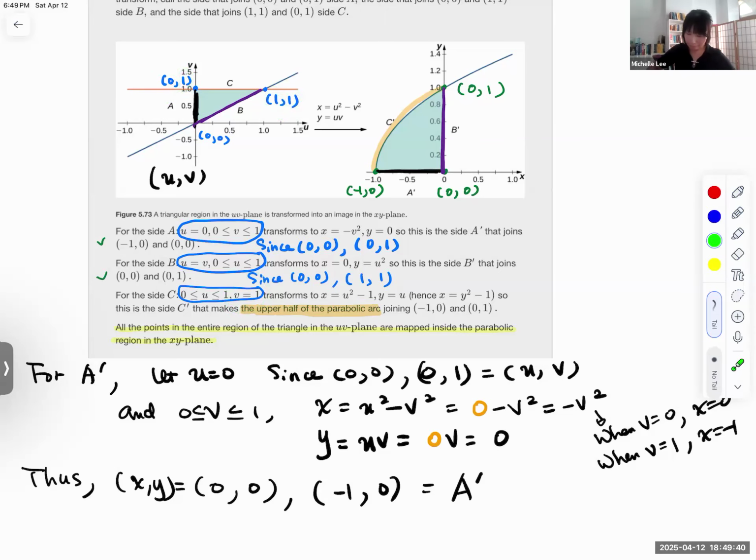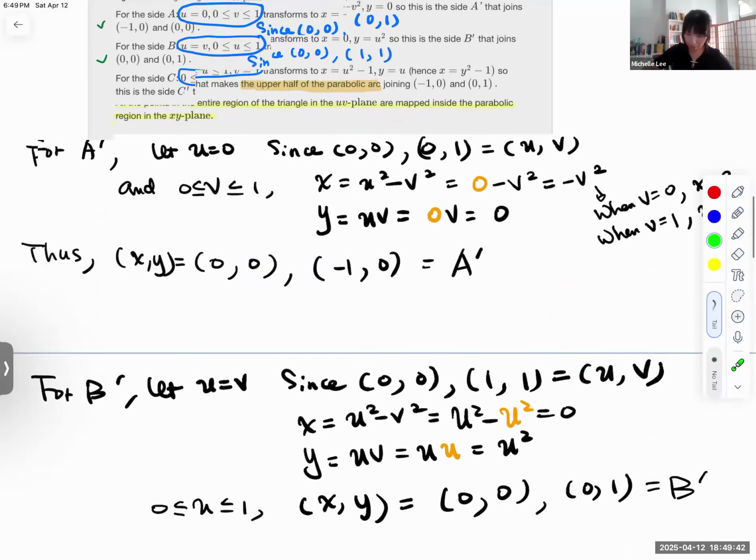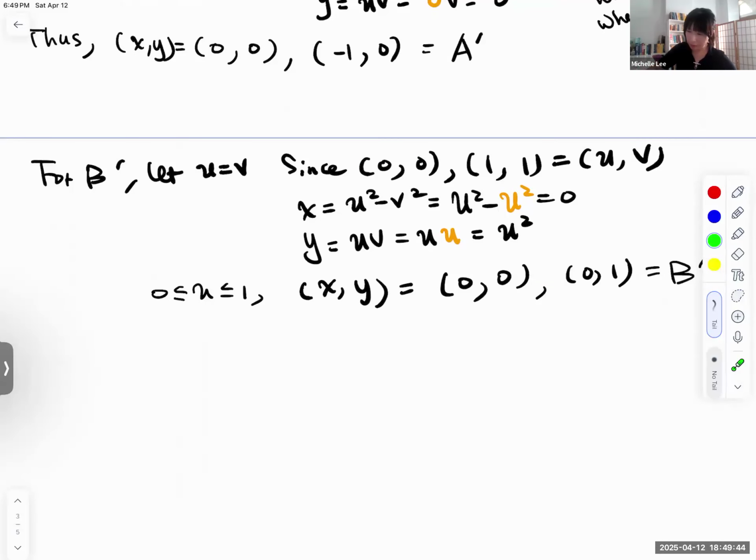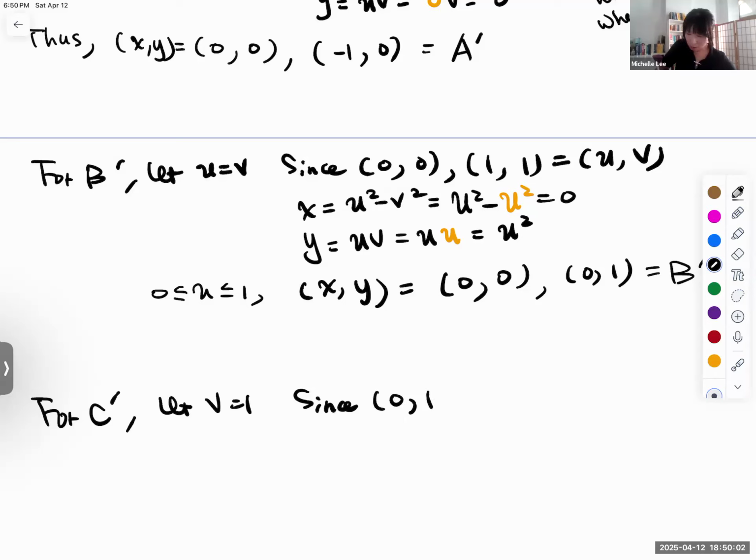All right. I hope I remember that. So for C prime, we have, let V equal to 1, since we have 0, 1, 1, 1, which is UV. Yeah, V is 1, 1, right? So V equal to 1.